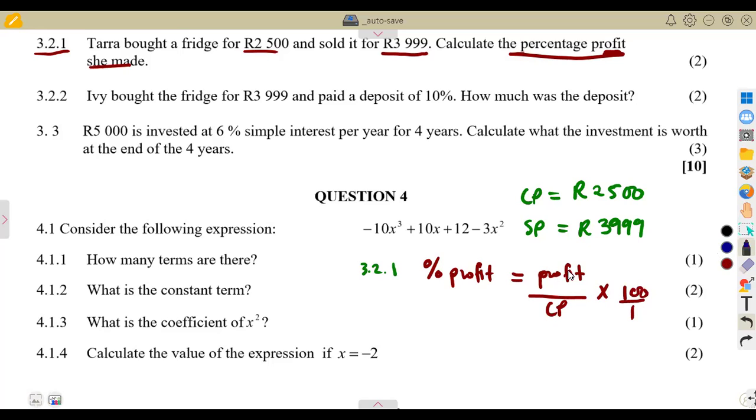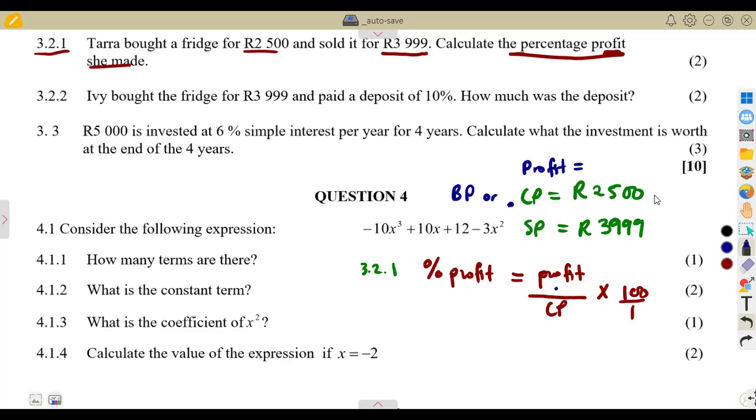Remember, this profit here is the difference. If you want to have the profit, you simply subtract. You bought something at the buying price, or the cost price, what it cost you before, or the price that you bought the fridge at.